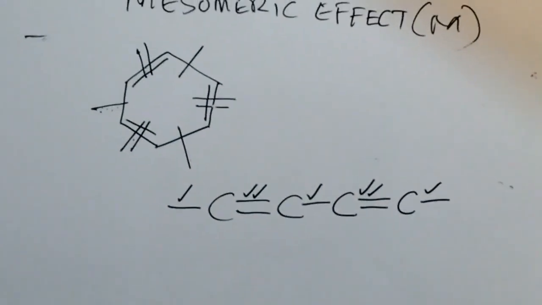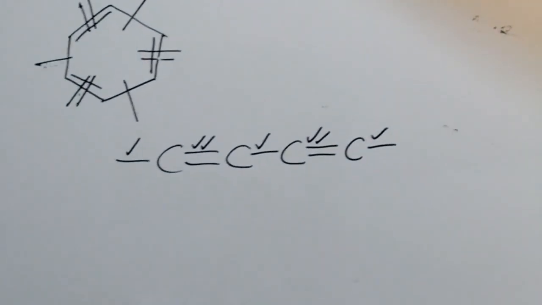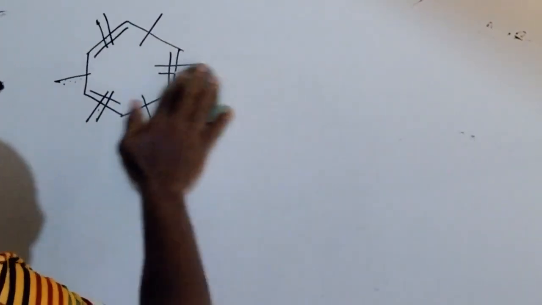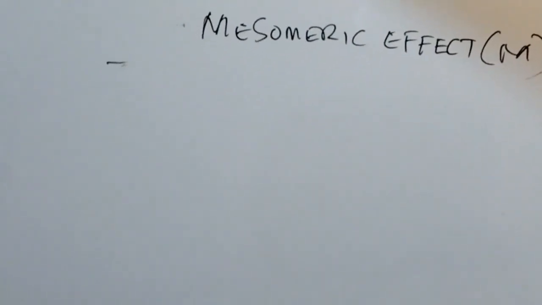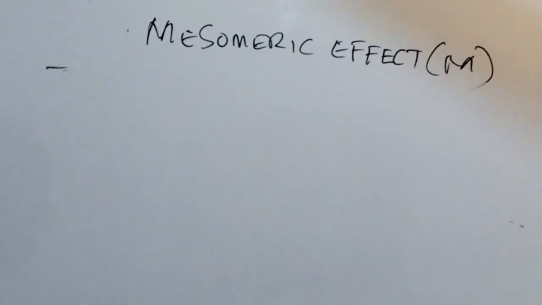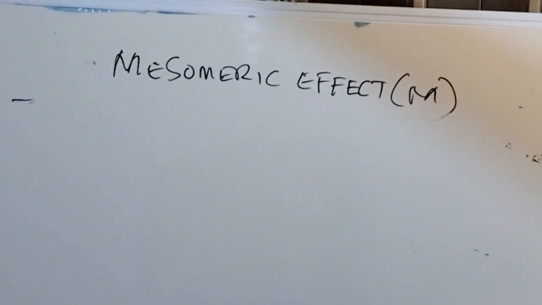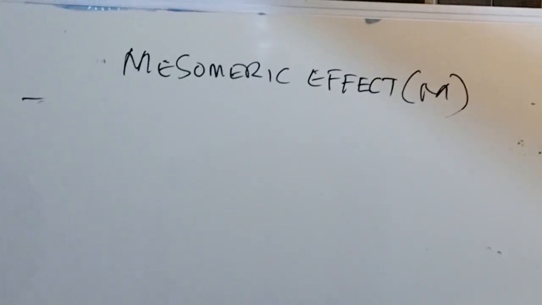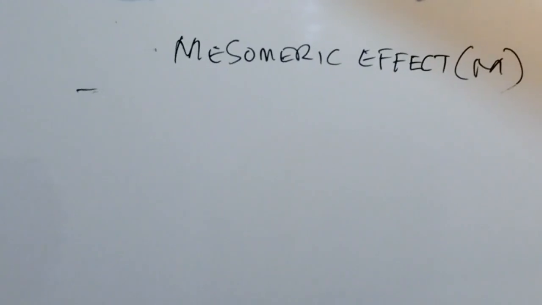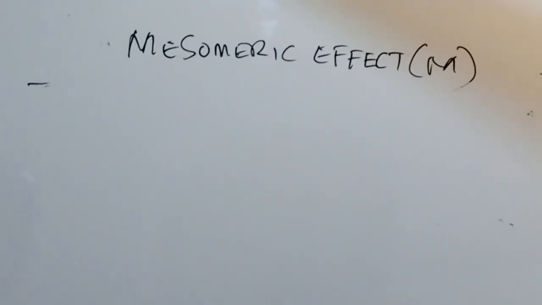Any conjugated system of such nature can have mesomerism or resonance occurring. Resonance tends to increase the stability of the molecule, and also reduces the energy of the molecule. The lower the energy, the higher the stability.